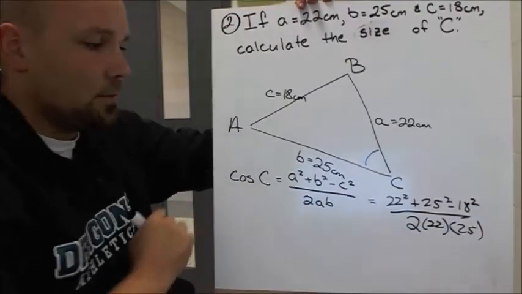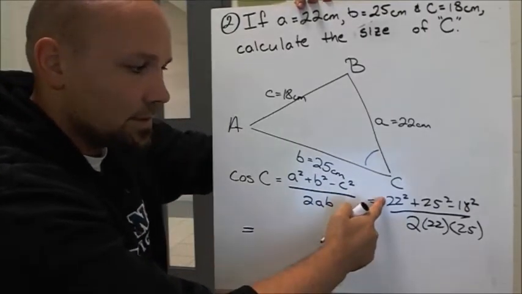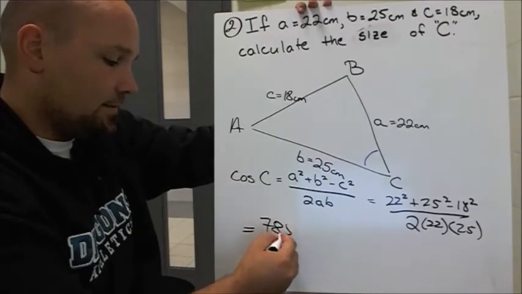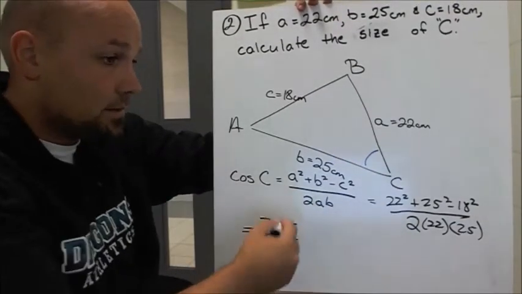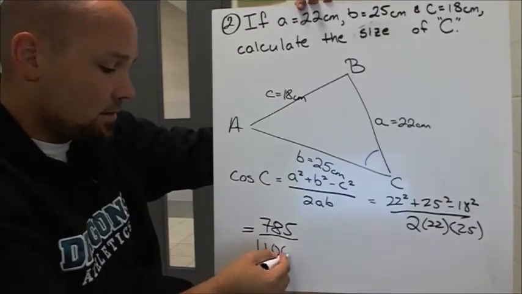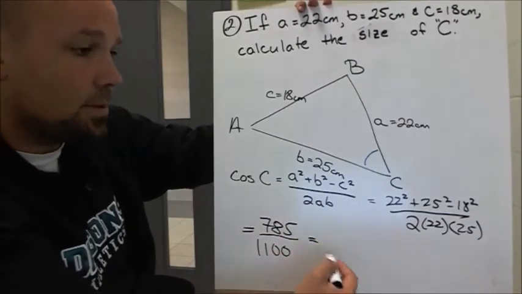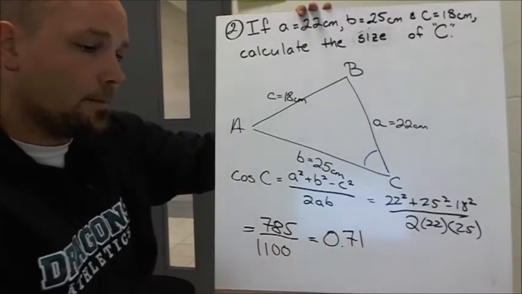This is all from the formula that we found. Now, again, the nice thing is we can plug the top into our calculator. We get 785. We plug the bottom into our calculator, and we get 1,100. Plug all this into a calculator, and we get 0.71.